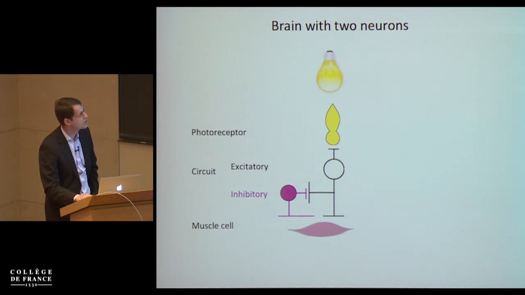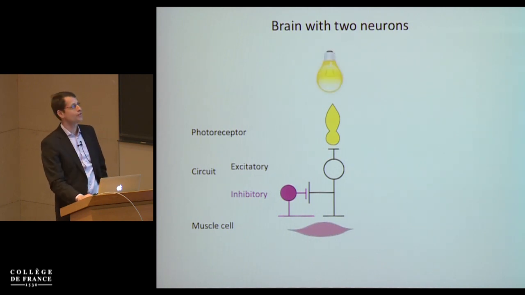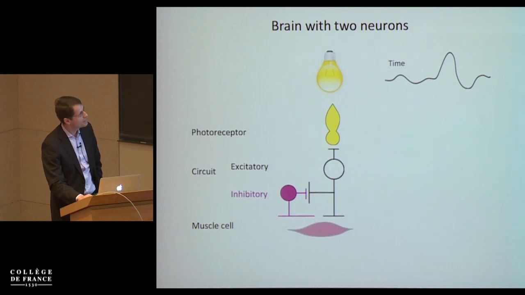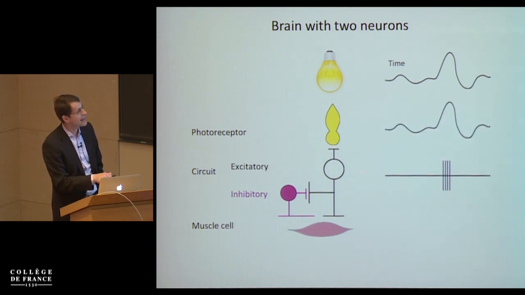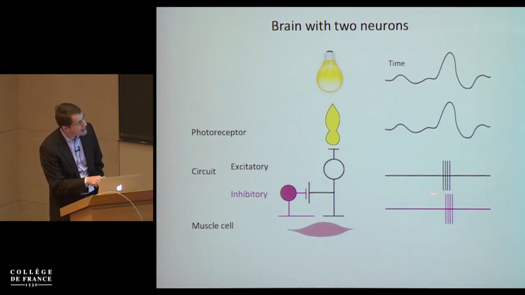So let's see what happens here. Now we get an even more sophisticated computation. We have the input, the photoreceptor response. We have the response of the excitatory cell. Let's see what happens with the inhibitory neuron. The inhibitory neuron now copies the signal from the excitatory neuron through this axon, but a little bit delayed.